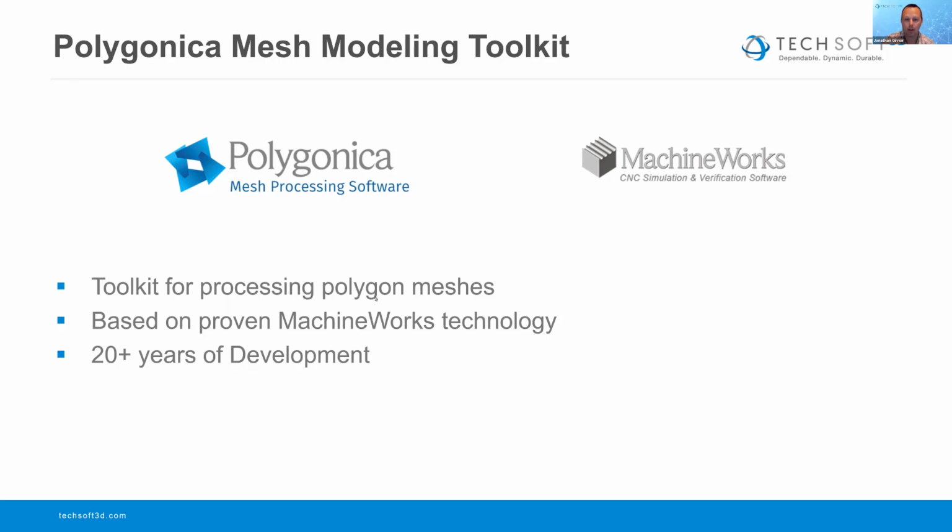And so even though it's been on the market for, Richard and Lynn, maybe 7-8 years, there's been 20+ years' worth of development coming from MachineWorks, powering this toolkit, and just thousands of seats running similar code as Polygonica.